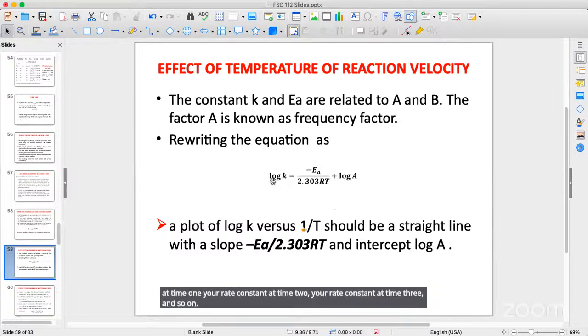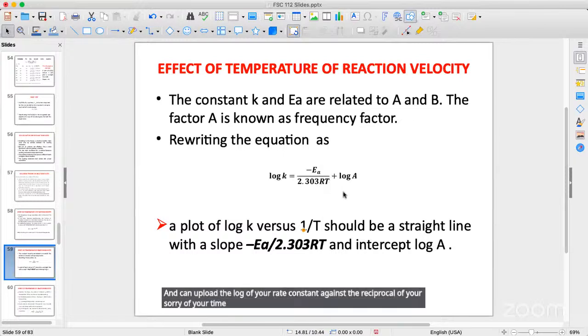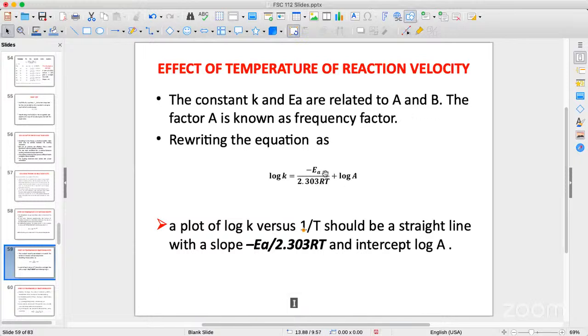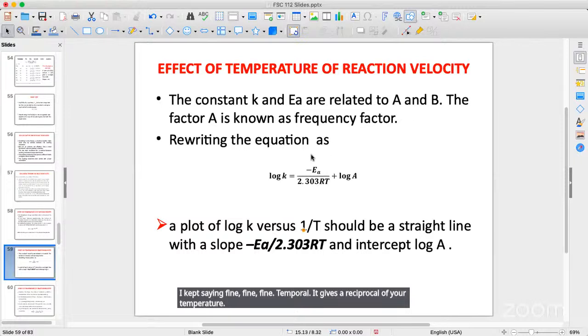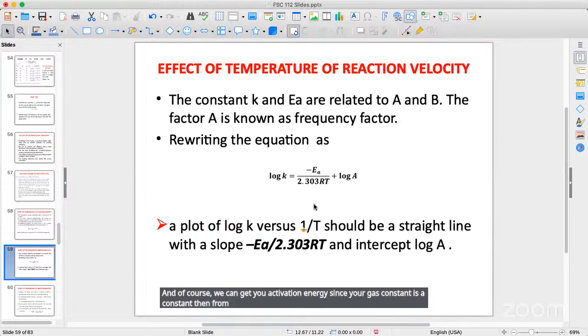And you can now plot the log of your rate constant against the reciprocal of your temperature, not time. I kept saying time, temperature. And of course, you can get your activation energy. Since your gas constant is a constant, then from your slope, you can get your activation energy.